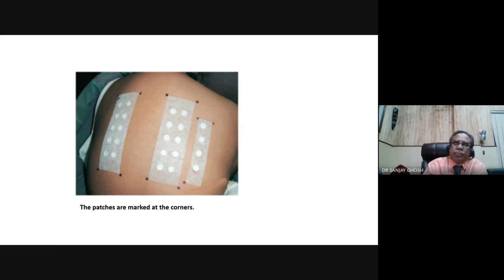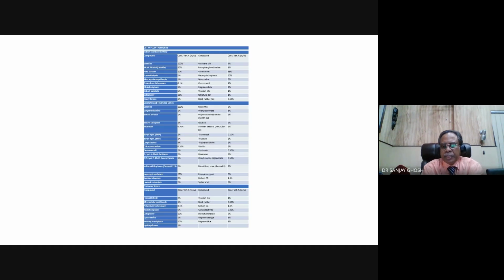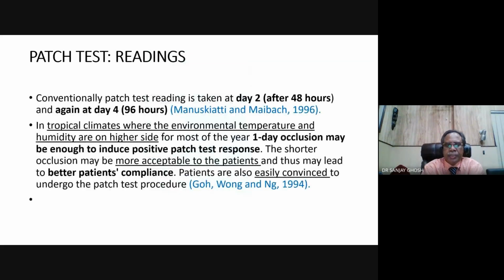The marking is important on the corners, because if you don't mark, sometimes due to sweating in our tropical weather, it gets washed out, so you cannot locate the allergens. That's a difficulty. This is our Indian standard antigen series, but there are always some changes. So this is the present series. Now, 2 days after, usually we are seeing as per the normal protocol.